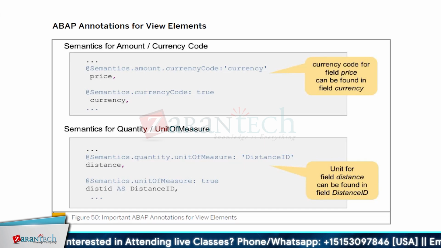Semantics annotation is used to write the field level property for some fields, especially for currencies and quantities. Those are mandatory annotations. You must write them when we are using currency fields and quantity fields in your CDS views. When we develop an application, we will use that.